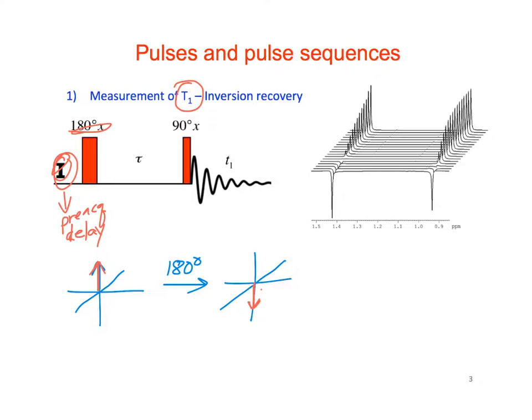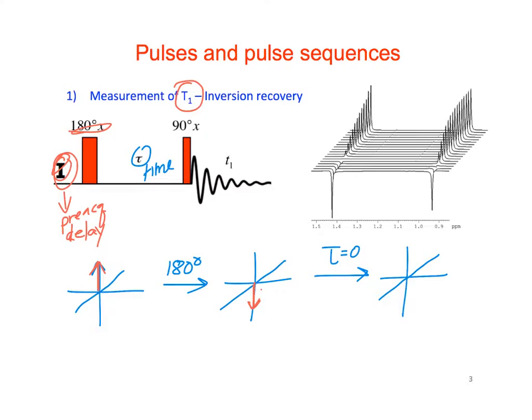Okay, so then we're going to wait some amount of time. Okay, so let's do this first. If tau equals 0, then what we're going to do is we're going to do another 90-degree pulse.